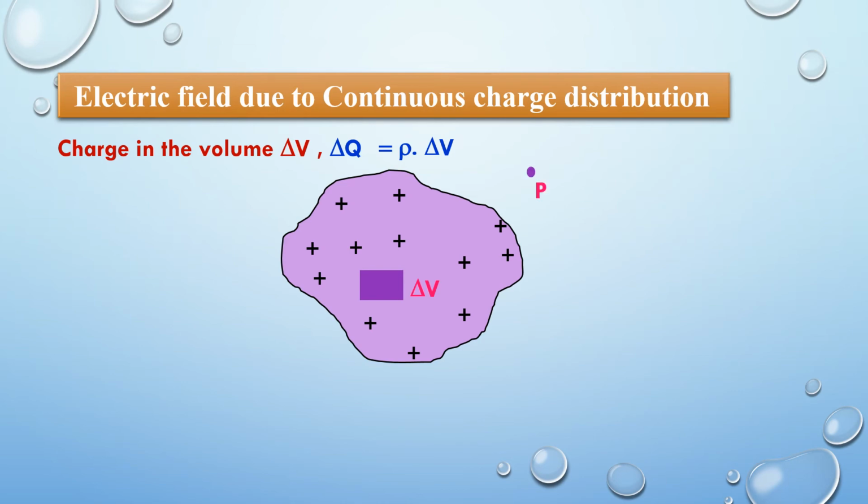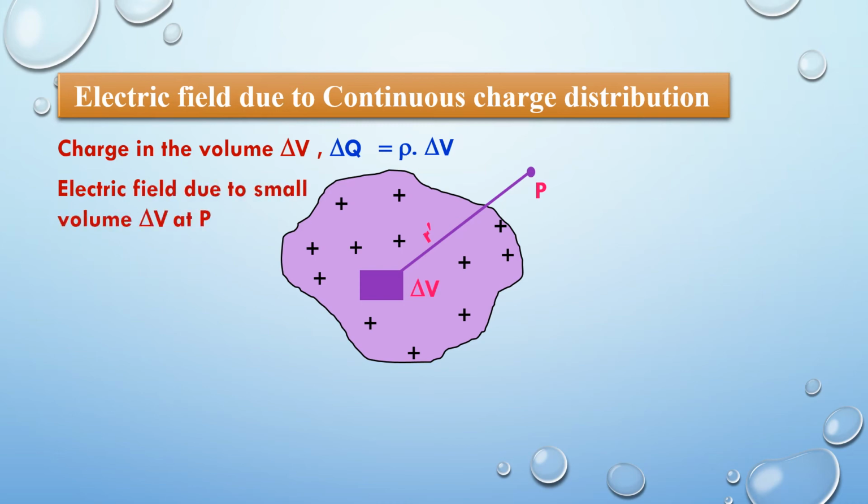Let us consider a point P where electric field has to be found out, and let this point be at a distance of r dash from the point of consideration. So electric field due to this small volume delta V at point P is delta E is equal to 1 upon 4 pi epsilon naught delta Q upon r dash square.